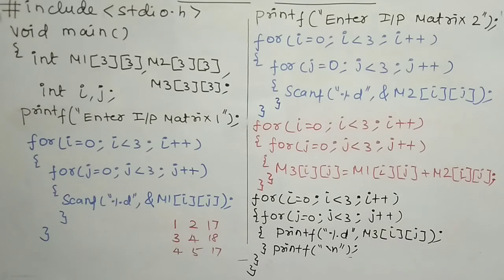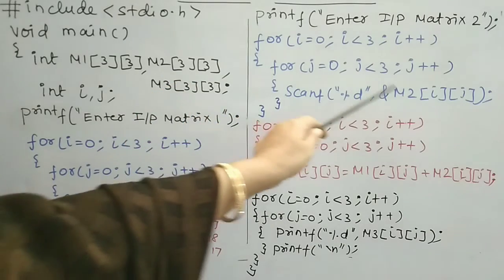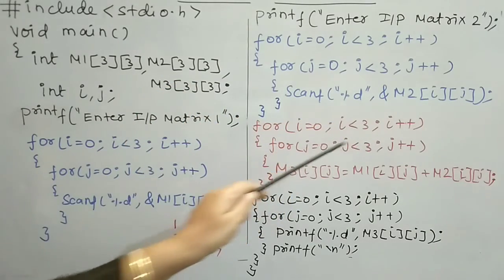So in my C program, first is the declaration section, which declares the 3 matrices in terms of 2-dimensional arrays. Then i and j are the loop variables, which take the index positions of rows and columns. This first nested for loop is to get the values of input matrix M1. The next nested for loop is to get the values of the second input matrix M2.